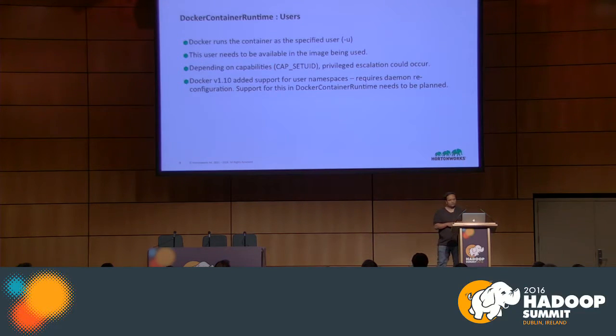Now there are certain implications that we need to be aware of. One of the things I mentioned was that CAP_SETUID could lead to privilege escalation. And another interesting thing is what the UIDs actually map to inside and outside the container. For example, one case we ran into was that in CentOS, nobody's user ID is 99, whereas in Ubuntu, I think it's 65534 or something.